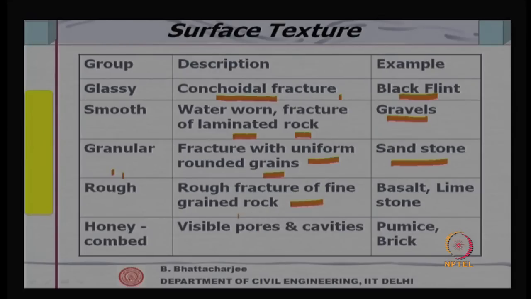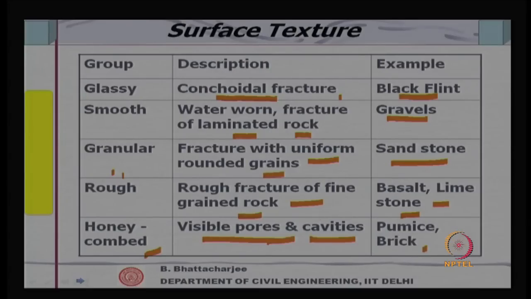Rough is fracture of fine grained rock, basalt, limestone, etc. And honeycombed surface texture comes from porous rocks, such as brick, for example, where visible pores and cavities will be there. This is surface structure, an important property related to concrete.